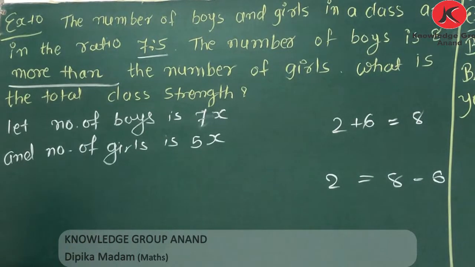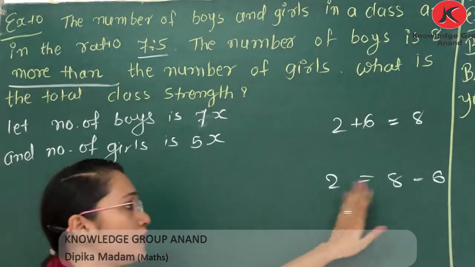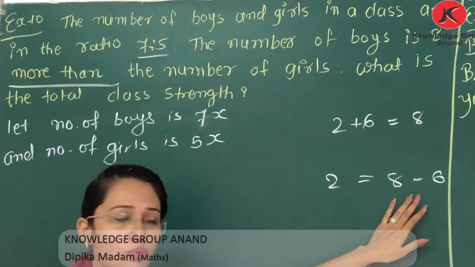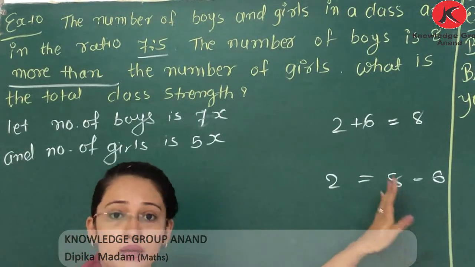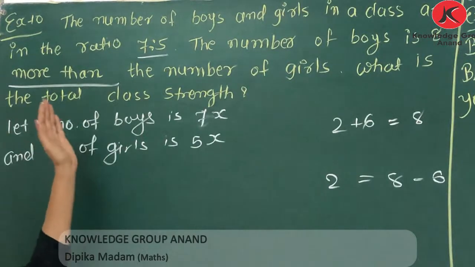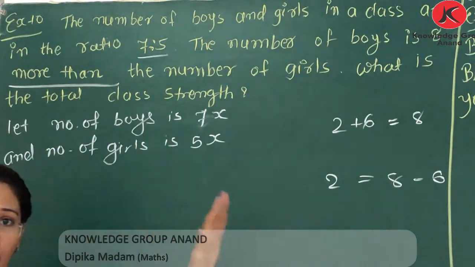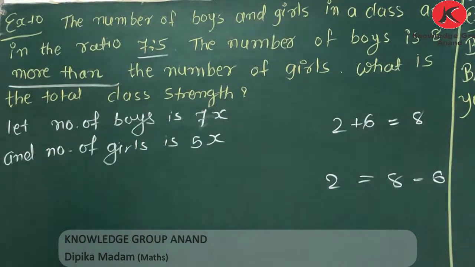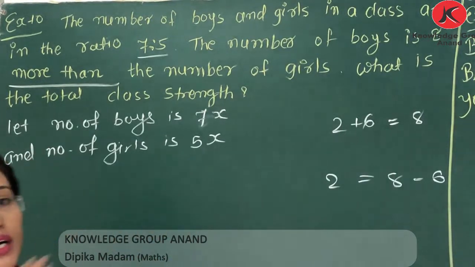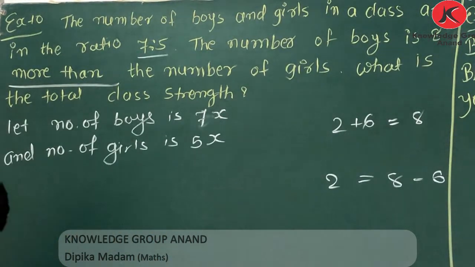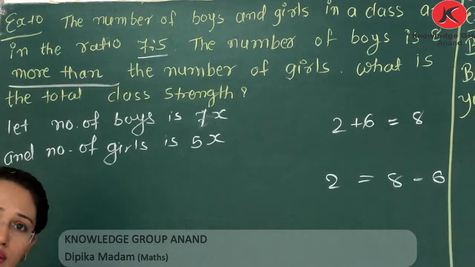Why? Because to make an equation, both values must be equal, the left hand side and the right hand side. But in the statement, if it is more than, it means the number of boys is 8 more. So what to do? Either add 8 on the girls' side, or subtract 8 from the boys.